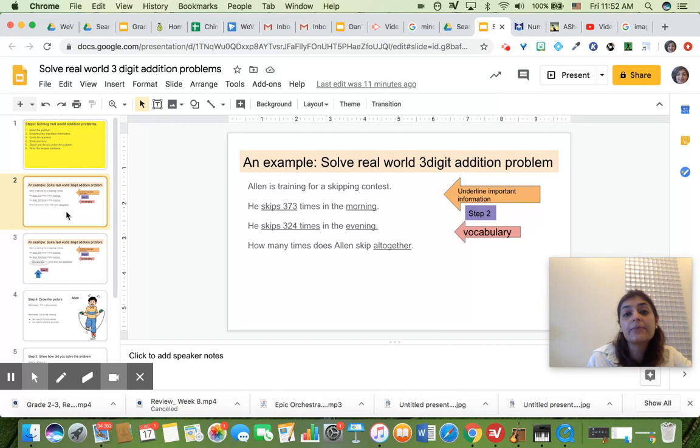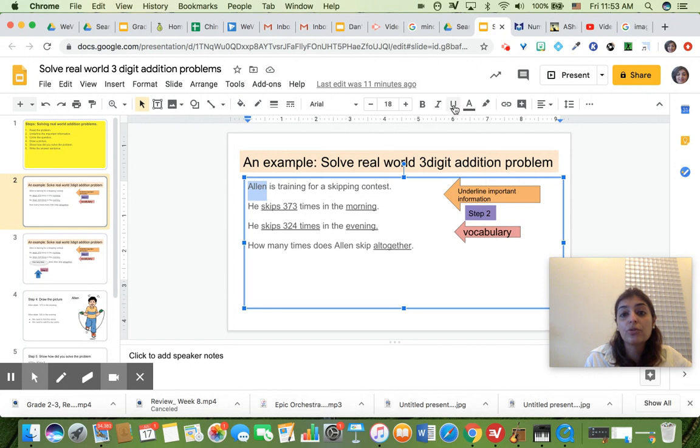So let's go over to the second step. Our second step says that we are to underline the important information. Well, let's look at what we mean by important information. The important information would be the numbers that are given to us. And as you can see, I have underlined. I also should underline Alan because I need to know who is skipping.